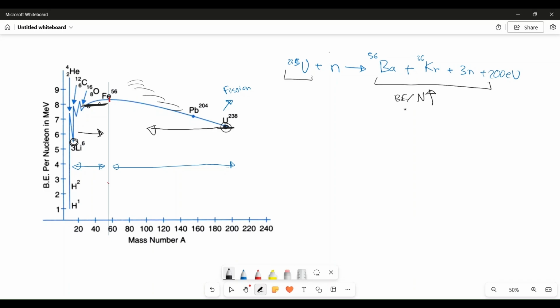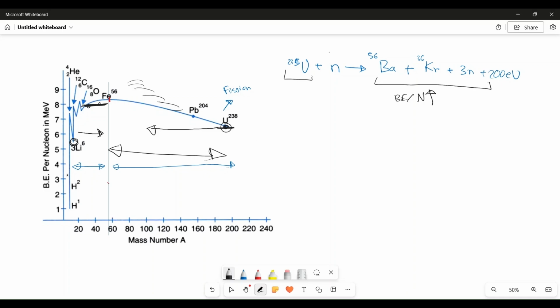That means they are in a more stable position than they were in uranium. That means by fission reaction, uranium moves to a more stable position. So that is why all the materials at the right of this graph, in this region, take part in fission reaction.